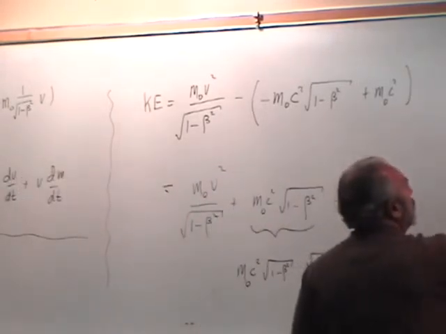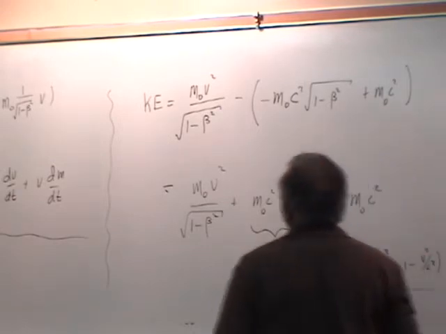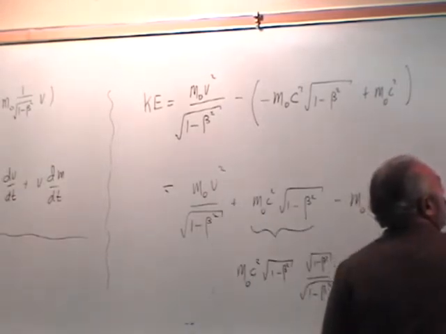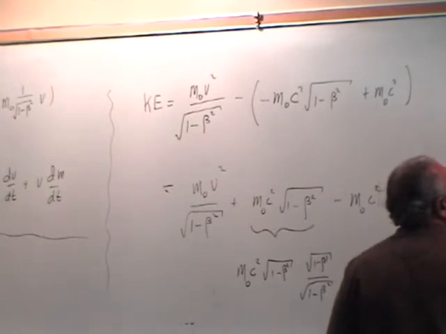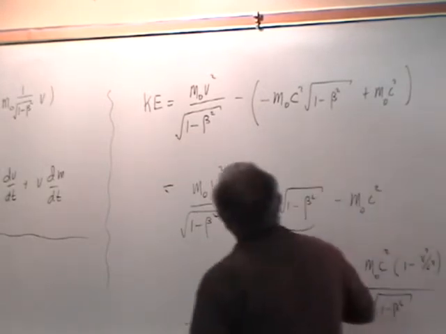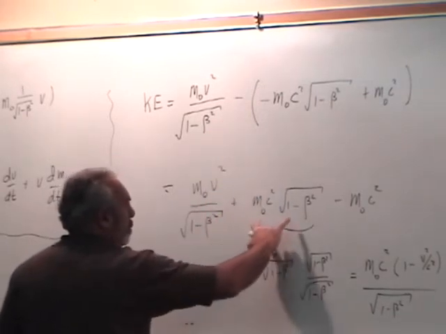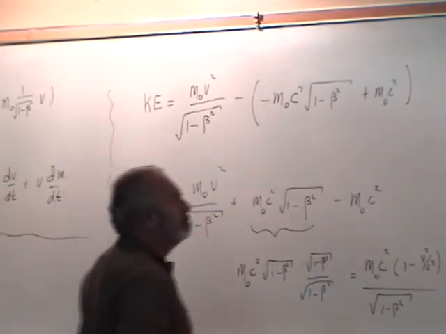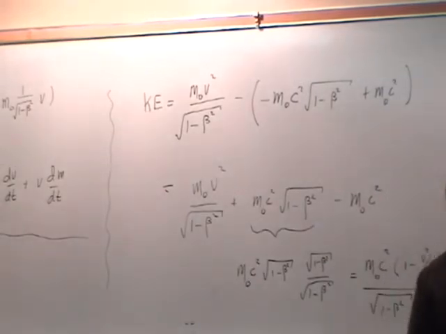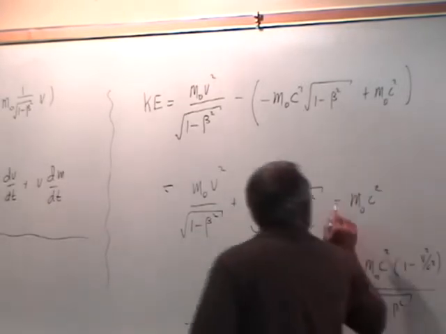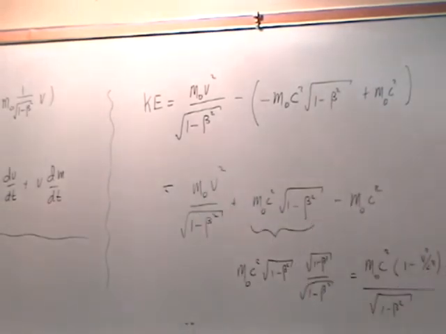So kinetic energy becomes m naught v squared over 1 minus beta squared, plus this term, m naught c squared minus m naught v squared over root of 1 minus beta squared, minus this term, which is minus m naught c squared.